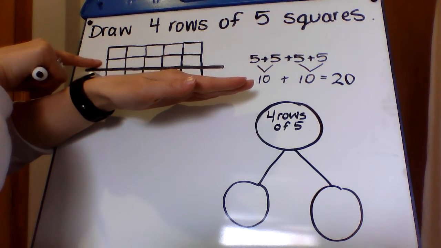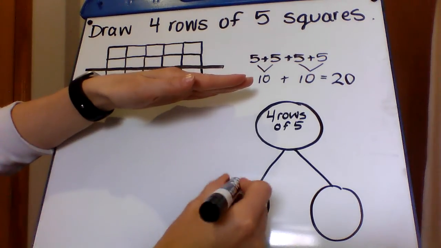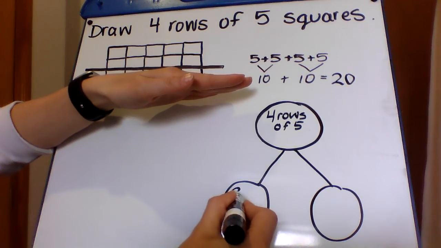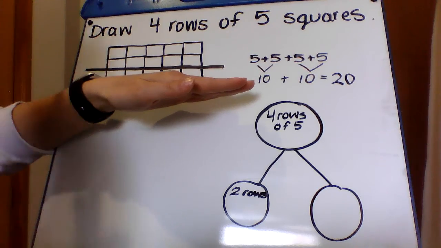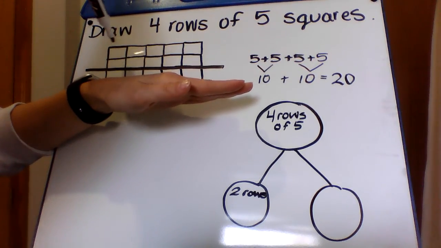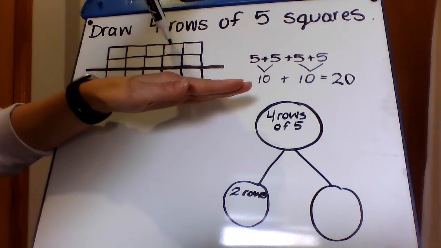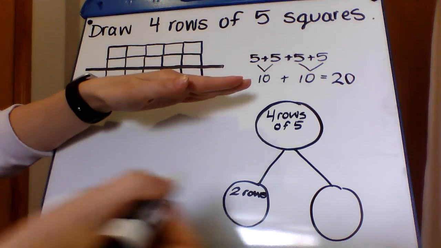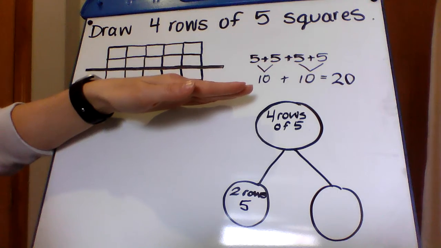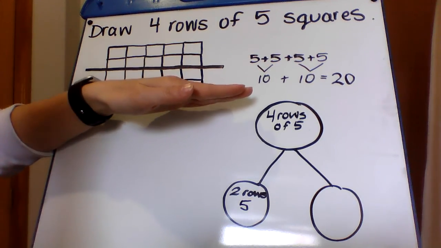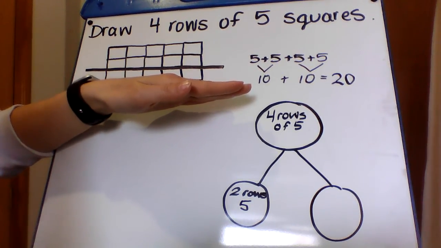So that's 2 rows. So I'm going to write that down here. I know I have 2 rows of how many? Well, that's when you have to count. 1, 2, 3, 4, 5. You have 2 rows of 5. That number didn't change the amount of tiles in your row. Just the amount of rows you have changed.